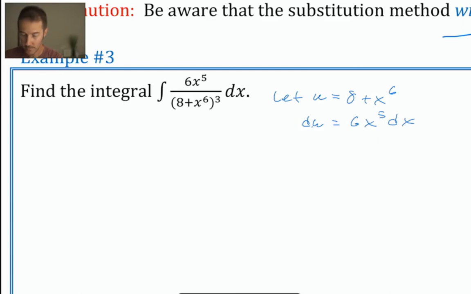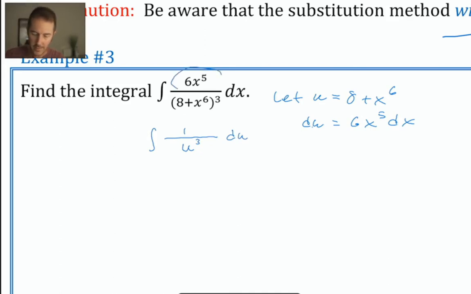And this one's very straightforward because 6x to the 5 dx is going to swap out directly for that 6x to the 5 dx. Let's make our substitution. We've got the integral of, now this is a little tricky, 1 over u to the third du.